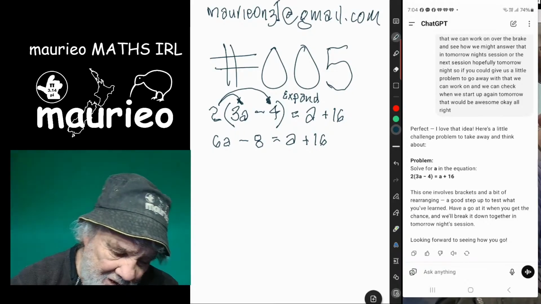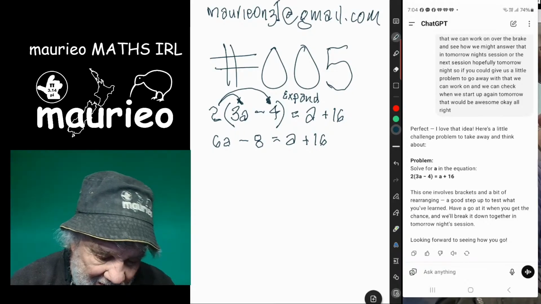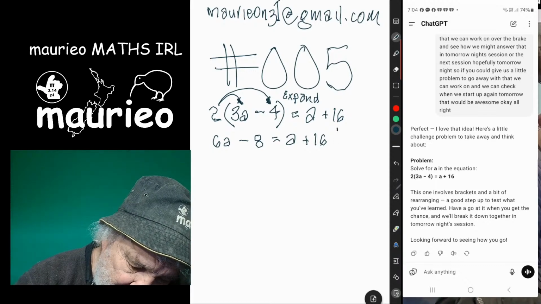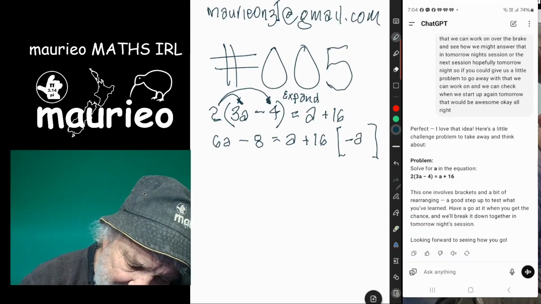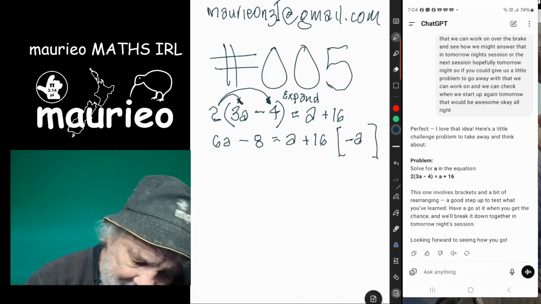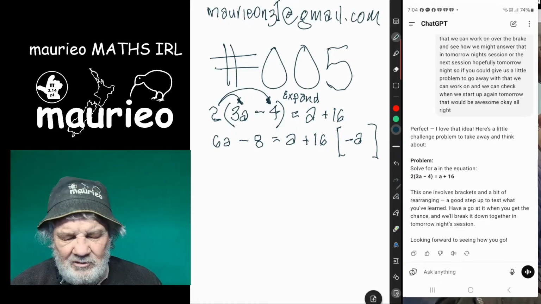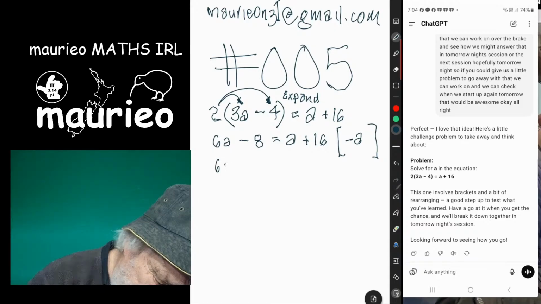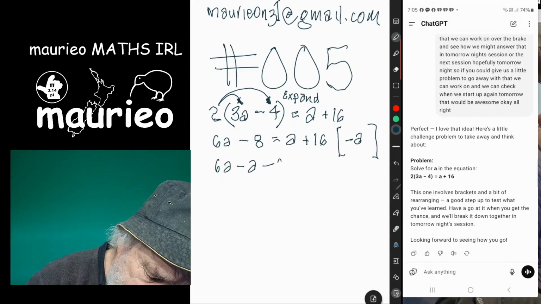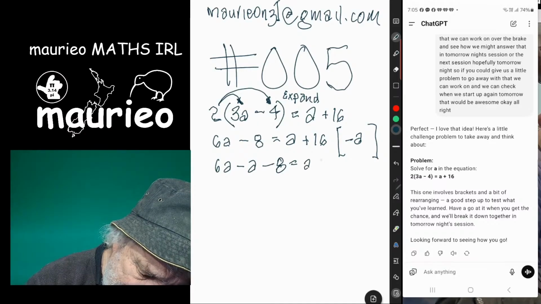So we can get all the letters on one side. I'm going to take negative a off both sides. I don't know, it doesn't matter which way you do it, I guess. So that's going to be 6a minus 8 equals a minus a plus 16.